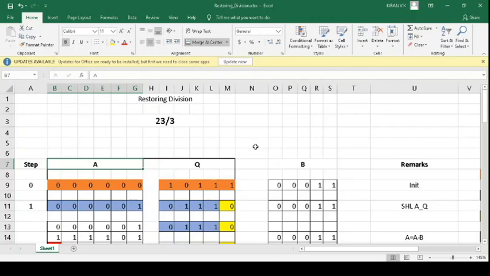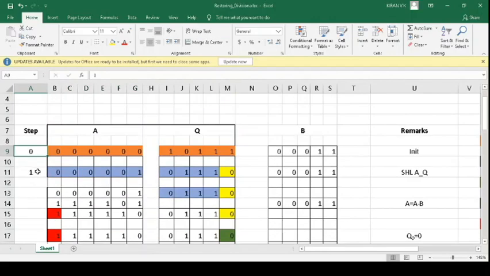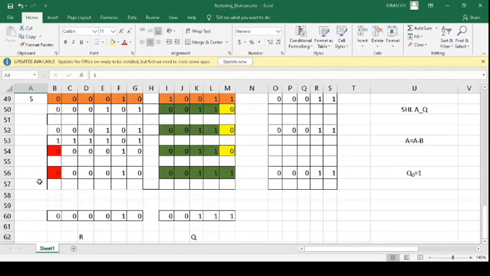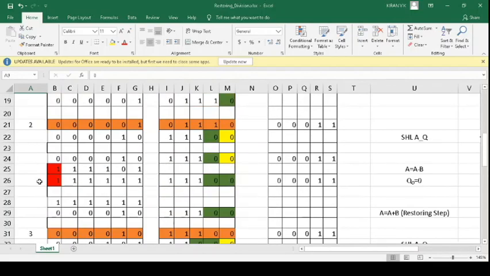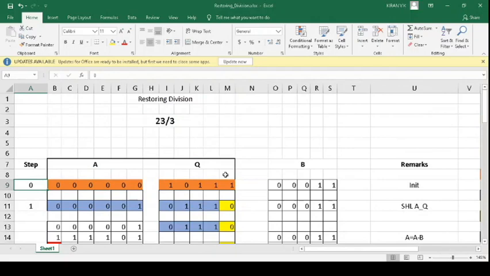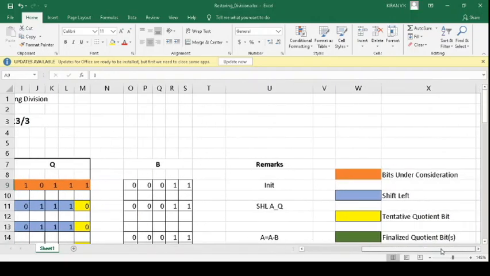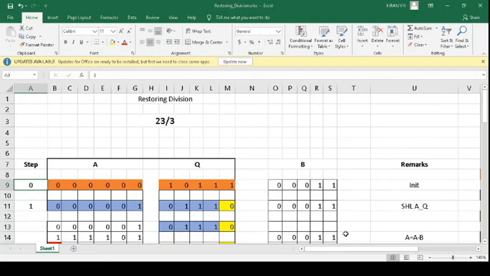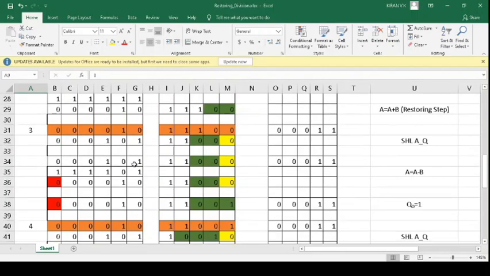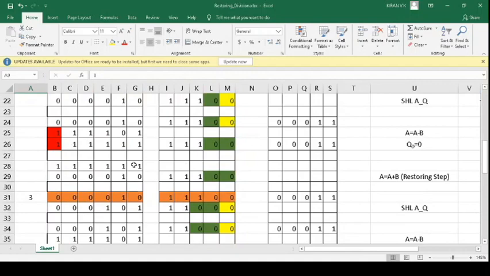So if you are starting the initialization phase with 0, there are steps numbered from 0 to 5 here. It means that there are a total of 6 steps including the initialization part. Okay, so this is all about fixing the sizes of the various fields of the table and the number of steps or iterations we need to perform in case of the restoring division algorithm.